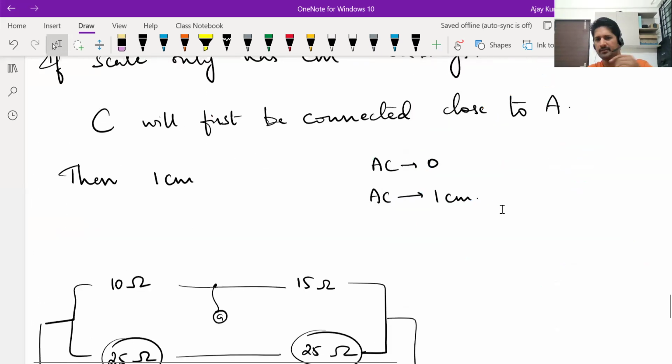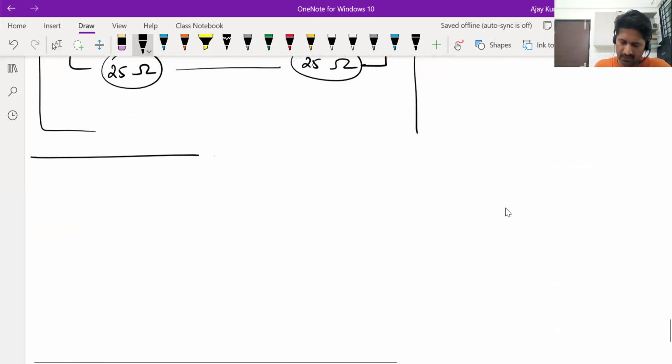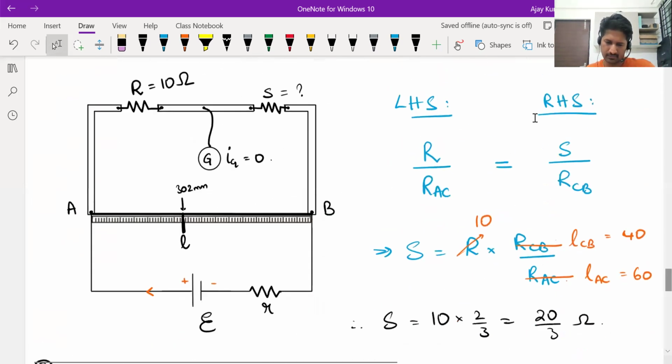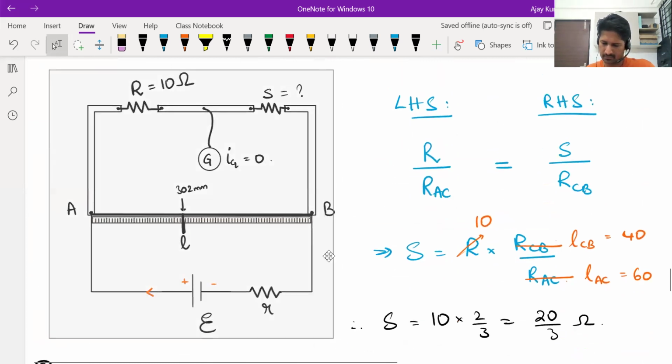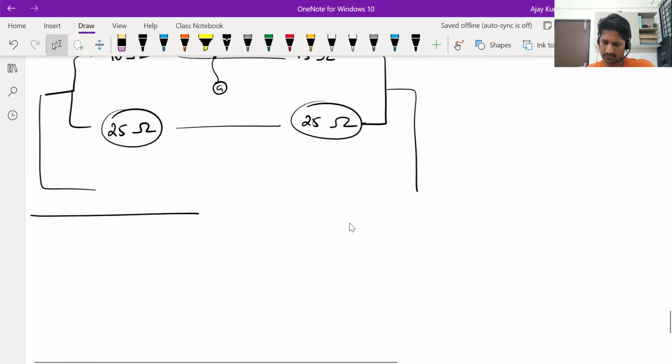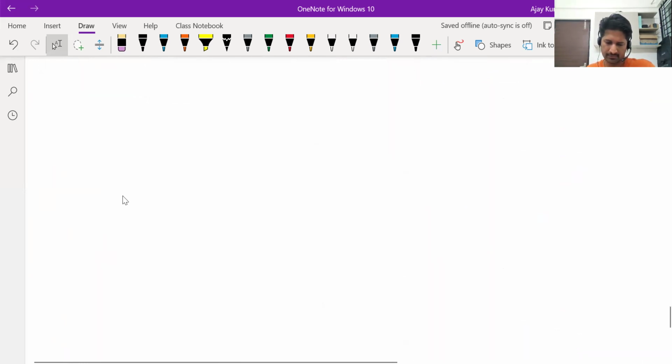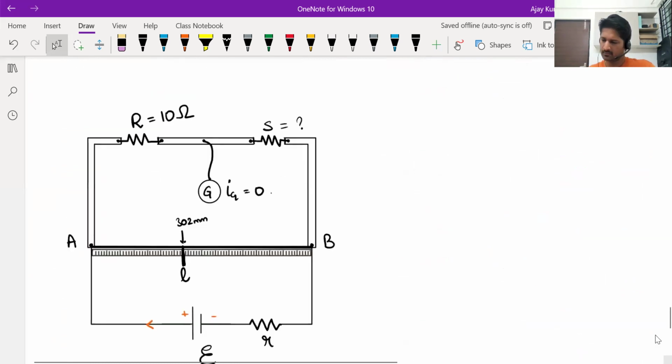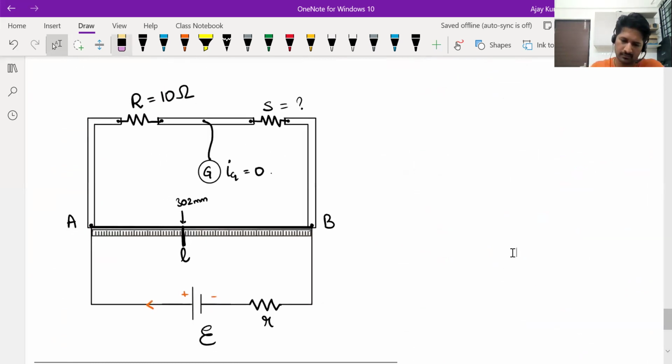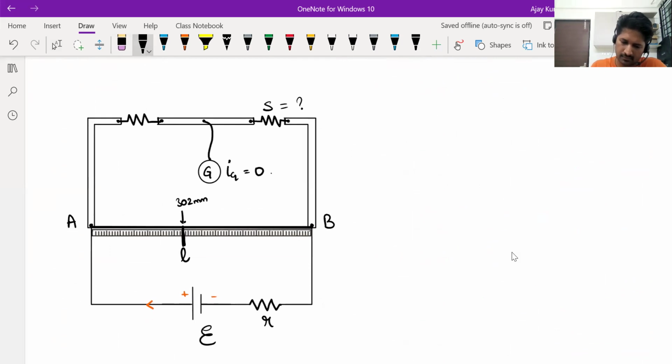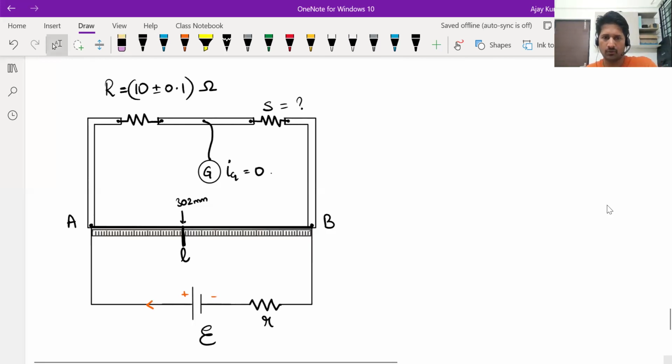Let's try one question like that. Let's say the known resistance is, okay, I'll have to show you the circuit. Let's say the known resistance is 10 plus or minus 0.1 ohms.